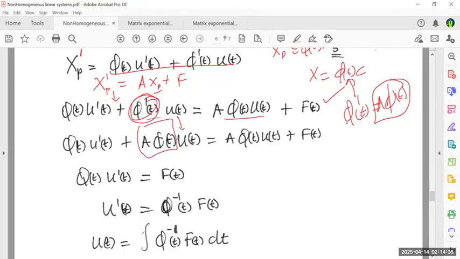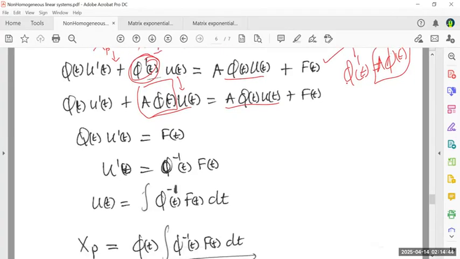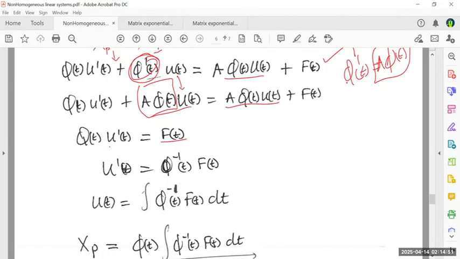Then the u remains. Now, the net effect is that on the left-hand side, we have the same expressions, which cancel to 0. And we remain with phi of t times u prime equals f of t. So we then pre-multiply by the inverse of phi of t on both sides.